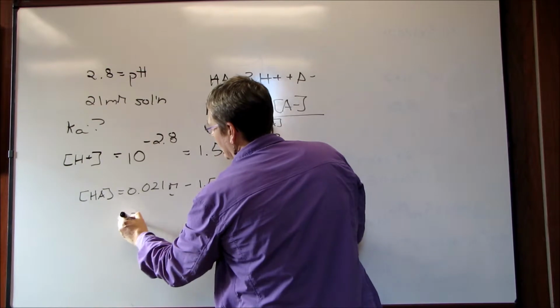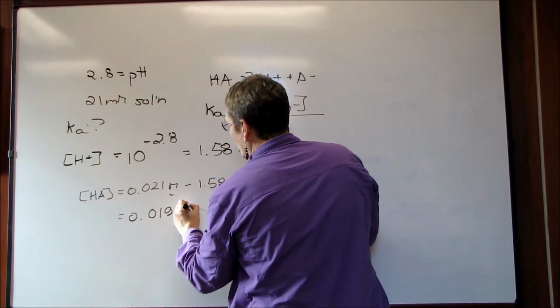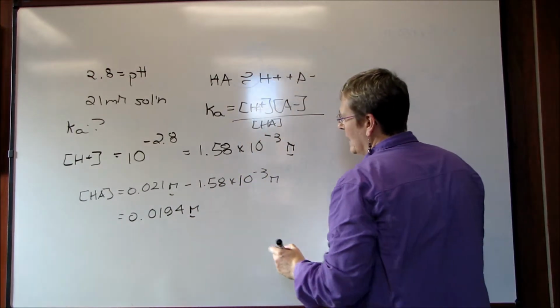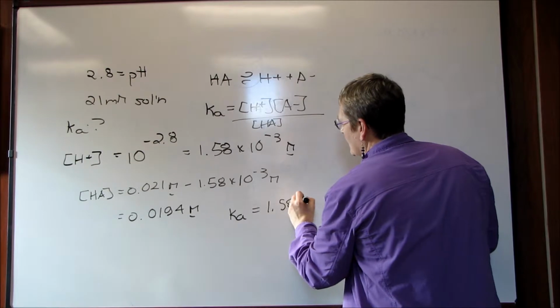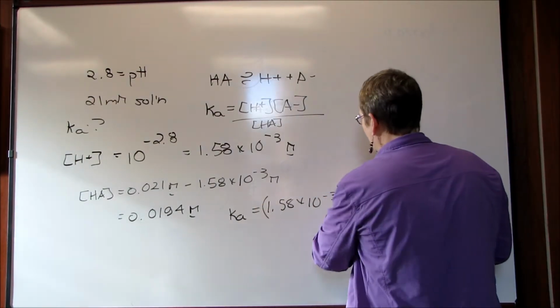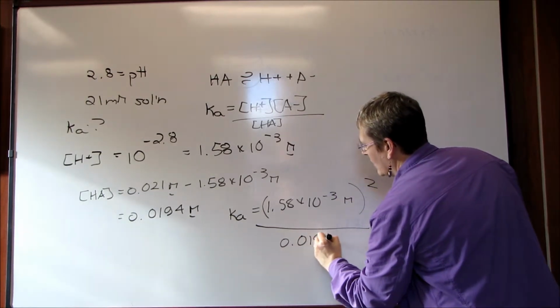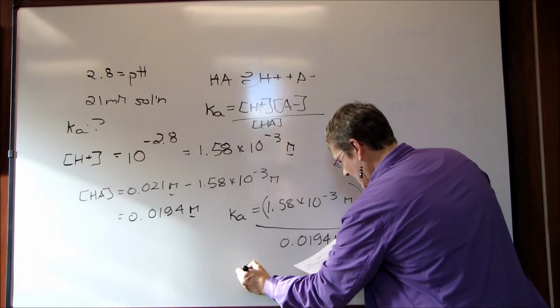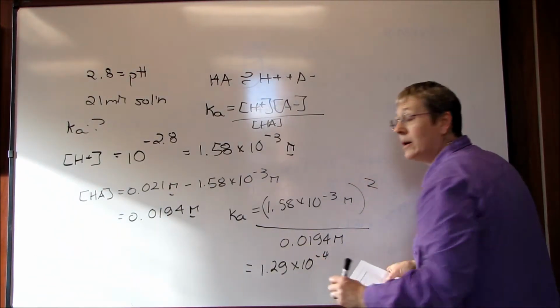So it turns out that that leaves us with 0.0194 molar as HA. So our Ka then is going to be equal to 1.58 times 10 to the minus 3 molar squared over 0.0194 molar, which gives us a value of 1.29 times 10 to the minus 4.